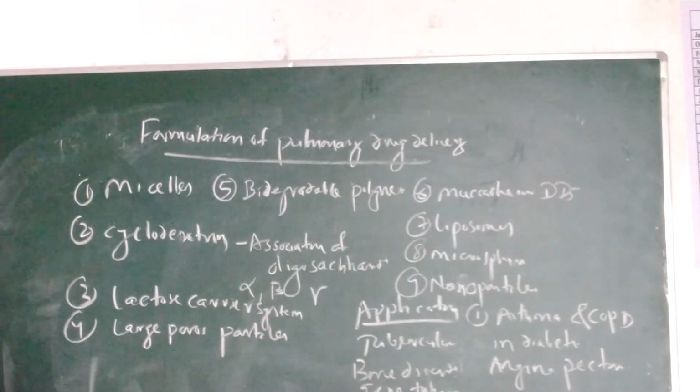In diabetes also nowadays it is used, and in angina pectoris it is also used, with drugs like nitroglycerin, which is a coronary vasodilator used in angina pectoris, and generally it comes in the sublingual form, and nowadays it is also coming in the form of pulmonary drug delivery systems.